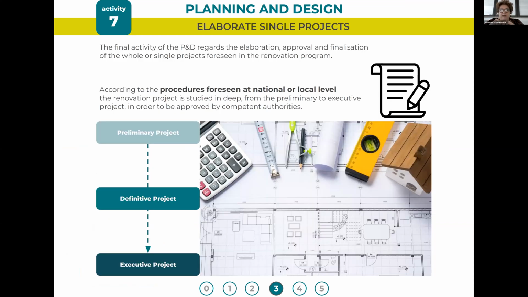And when we establish the single sub-project, we need to organize the preliminary project, all the materials that we need to have approval from the public authorities or from other regulations, national or international. So according to the procedures foreseen at national and local level, we need to organize all the deliverables and all the outputs that we need to complete the process.